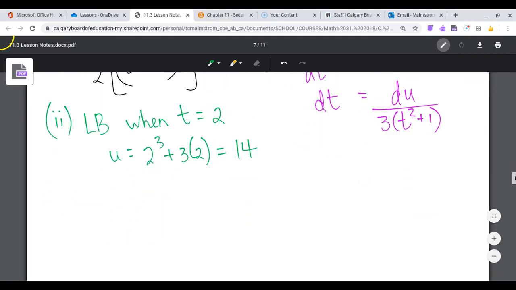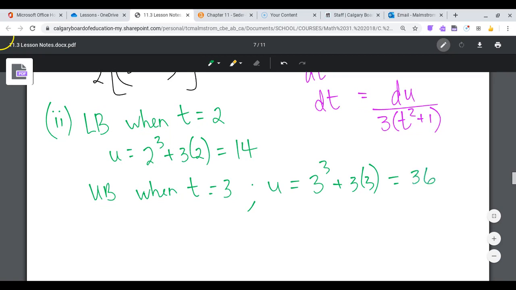And then the upper boundary is when t is equal to 3. So what does u equal? u would be equal to 3 cubed plus 3 times 3. So 27 plus 9 is 36.